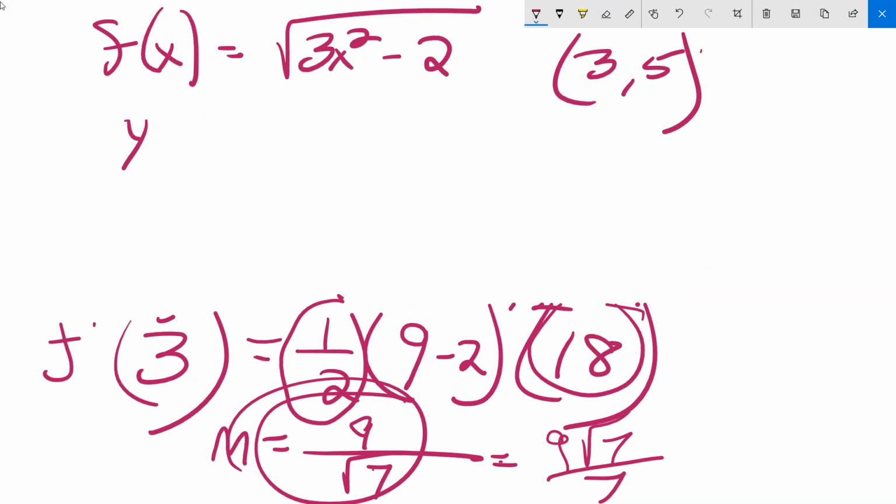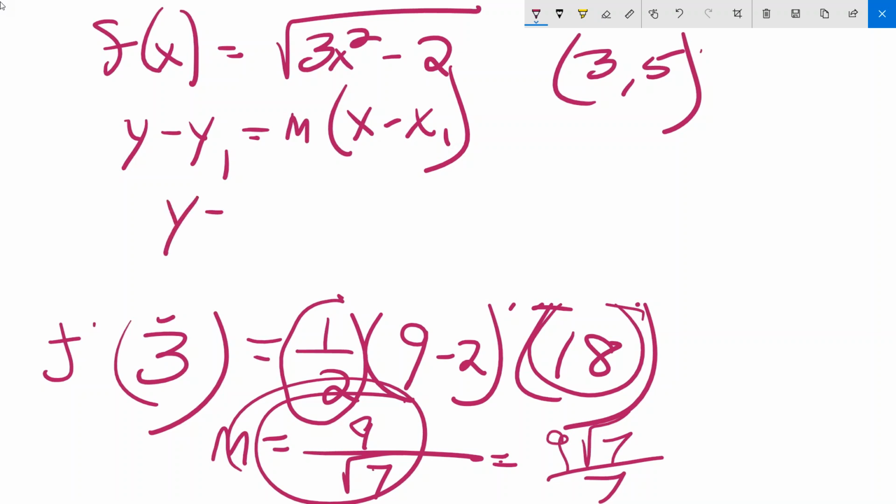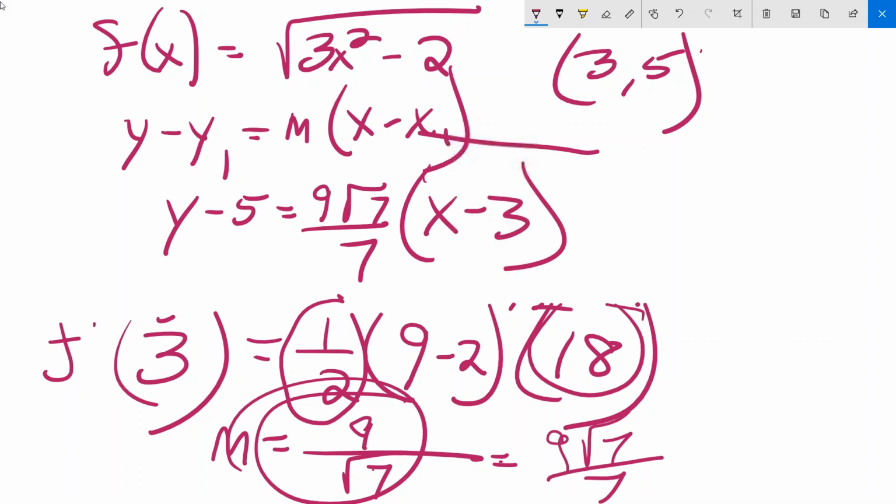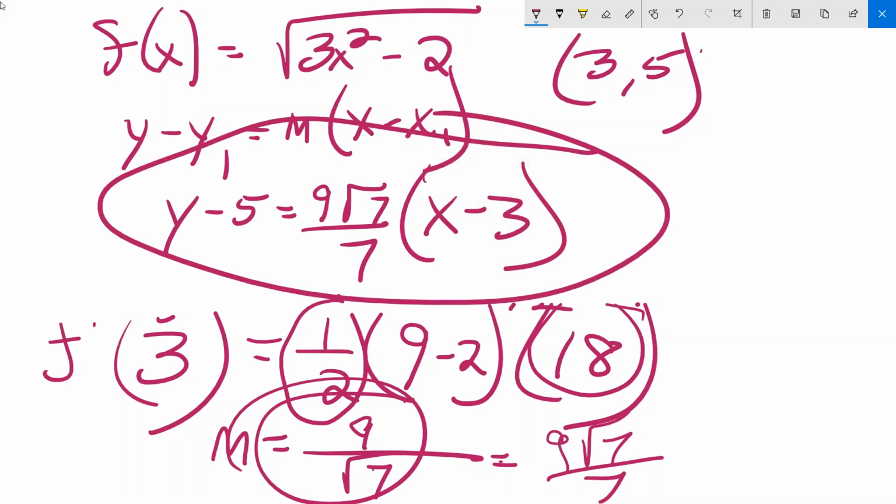Okay. Substitute everything. Y minus 5 equals 9 root 7 over 7 times x minus 3. Yeah, that's the answer. That is the equation of that tangent line.